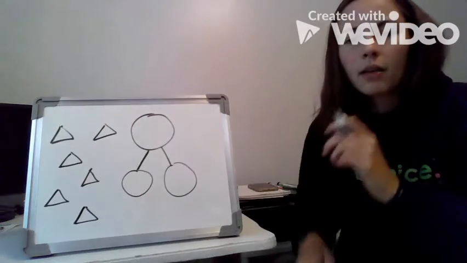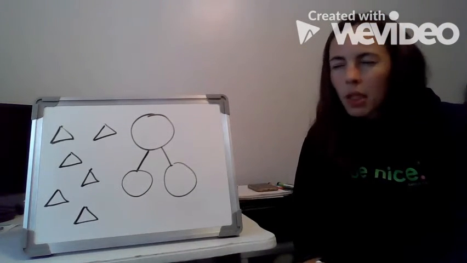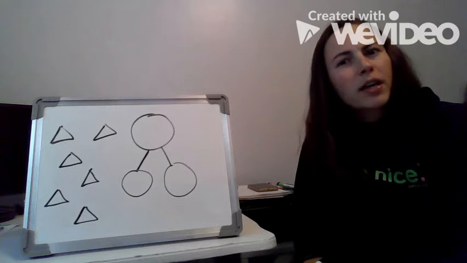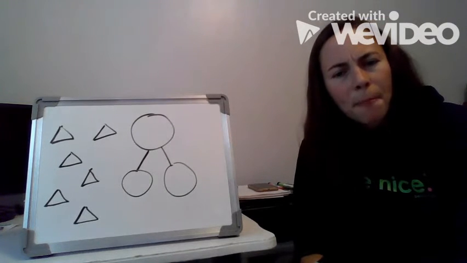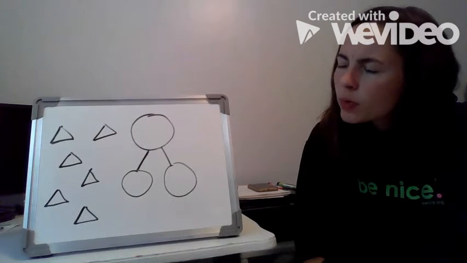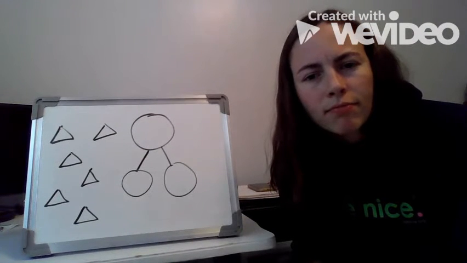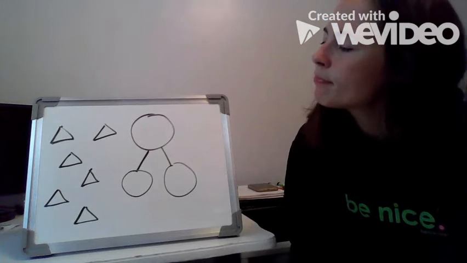All right, take a look at all my triangles. Look at them harder. Now I want you to count them. Figure out how many triangles you see in my photo. How many triangles are there? What do you think? Are you sure?